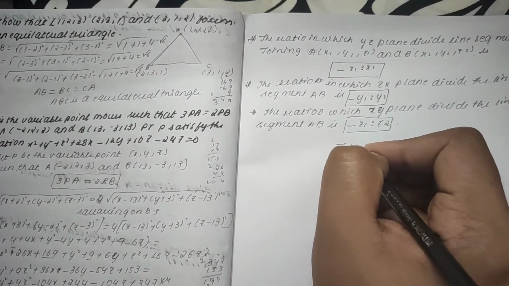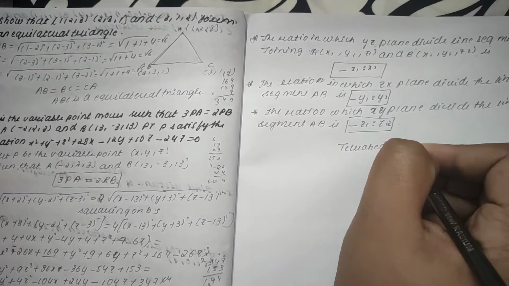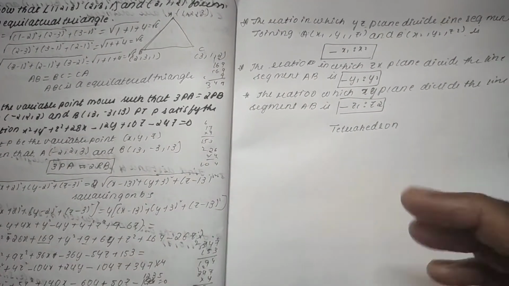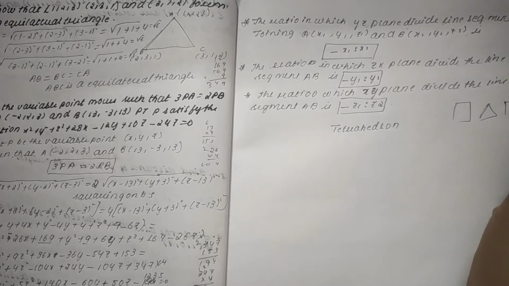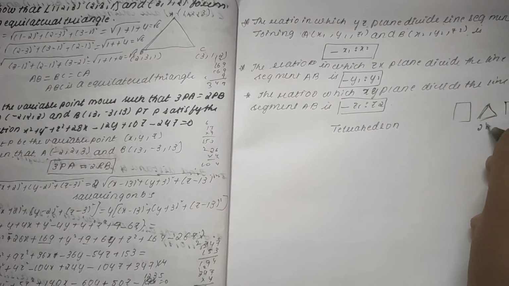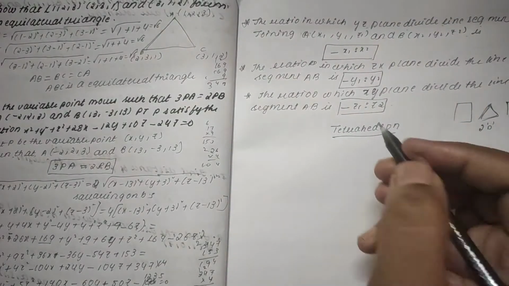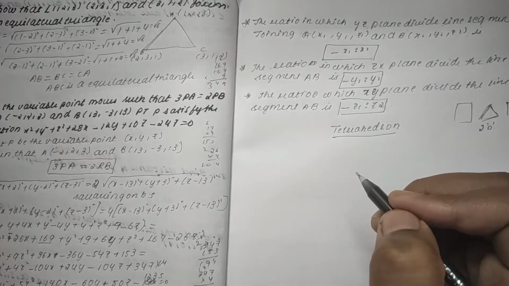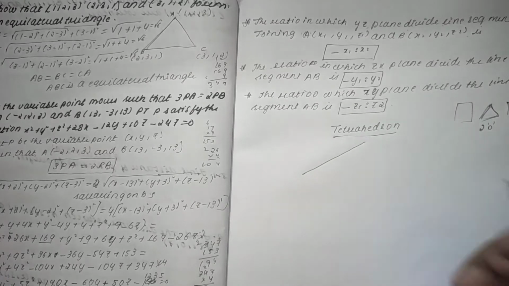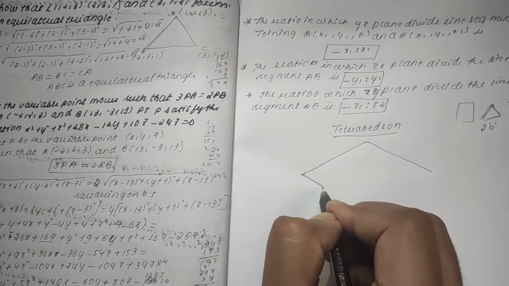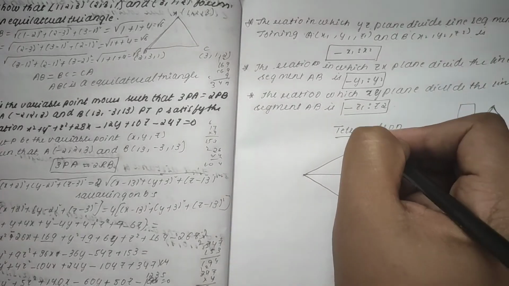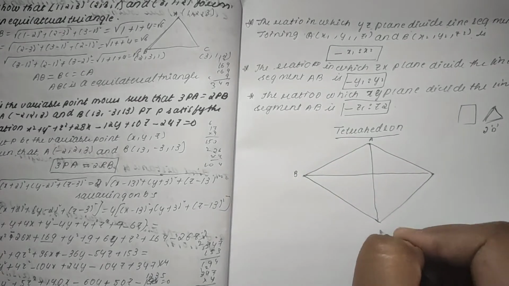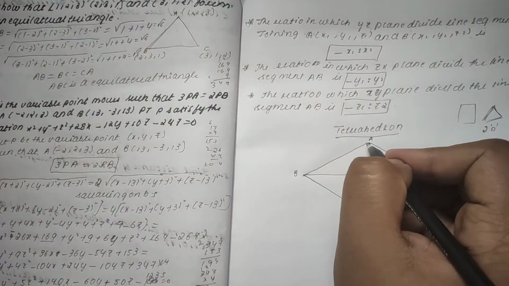And the next concept is tetrahedron. We all know about the square, rectangle, triangle, etc., which are 2-dimensional, but the tetrahedron is a 3-dimensional figure, which is A, B, C and D. This is a tetrahedron.